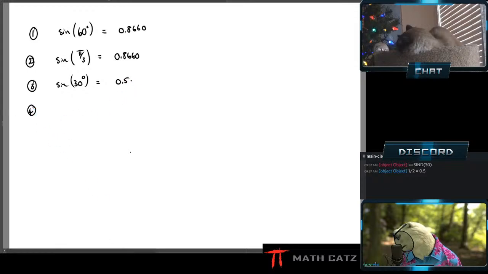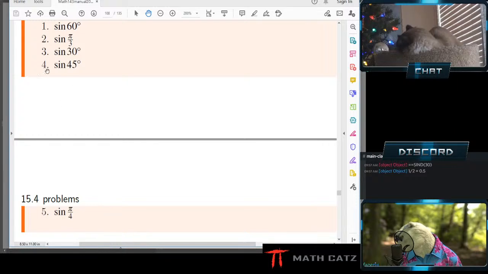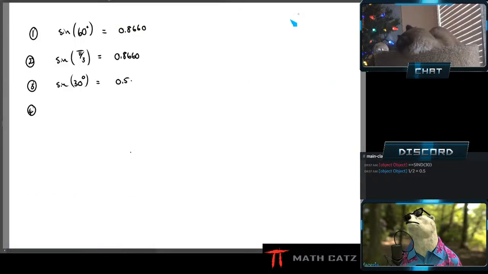And the fourth one, whoopsie, why do we keep minimizing the wrong thing? Book. Sine 45 degrees. I'm in degrees, so I want to make sure my settings are correct.